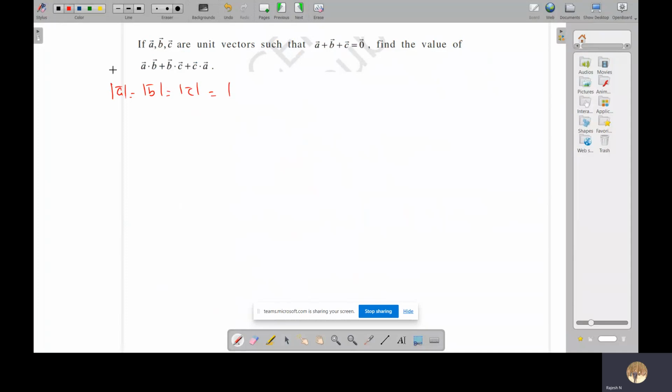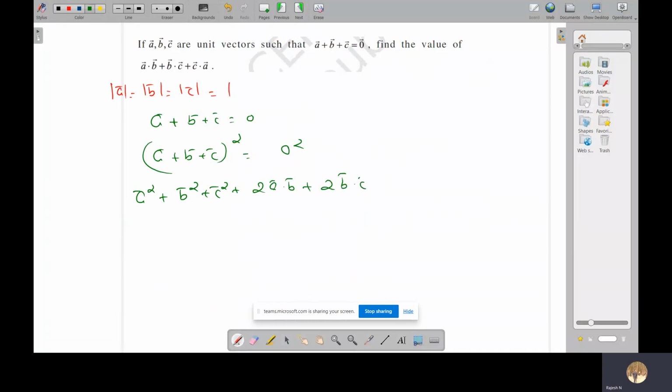And now a bar plus b bar plus c bar is equal to 0. Squaring, a bar plus b bar plus c bar squared is equal to 0 squared. This is a bar squared plus b bar squared plus c bar squared plus 2a bar dot b bar plus 2b bar dot c bar plus 2c bar dot a bar is equal to 0.